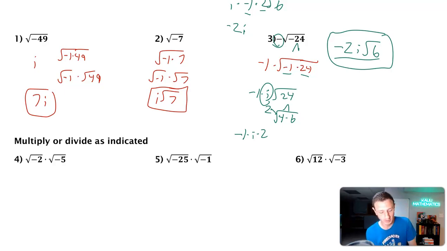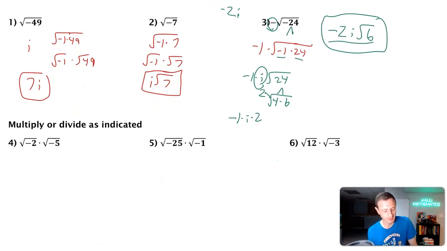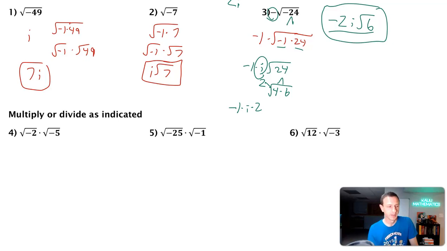So number 4, and also just kind of know this fact here, i squared is -1. So number 4, we have square root of -2 times the square root of -5. What you should do first, though, is take out i for both of these negatives. So i root 2 times i square root of 5. So I'm just bumping out i, so then I have just the 2 and the 5.